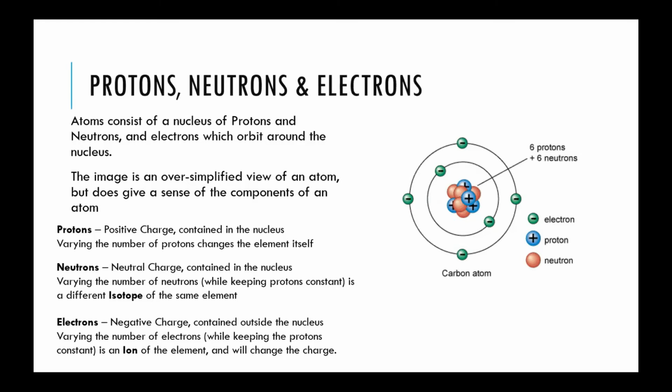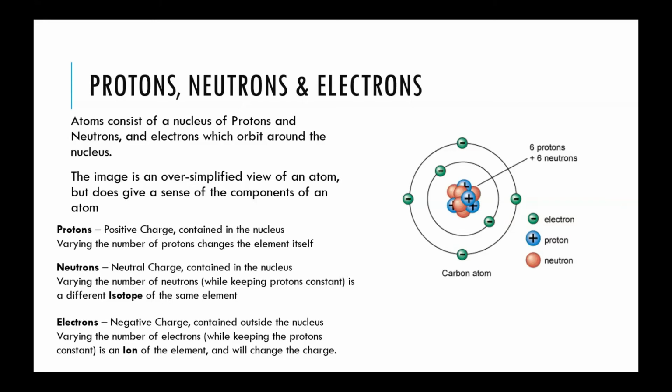Elements themselves have a unique number of protons. Any atom with only 1 proton is hydrogen. Any atom with 2 protons is helium. So by changing the number of protons, you're changing the element itself.